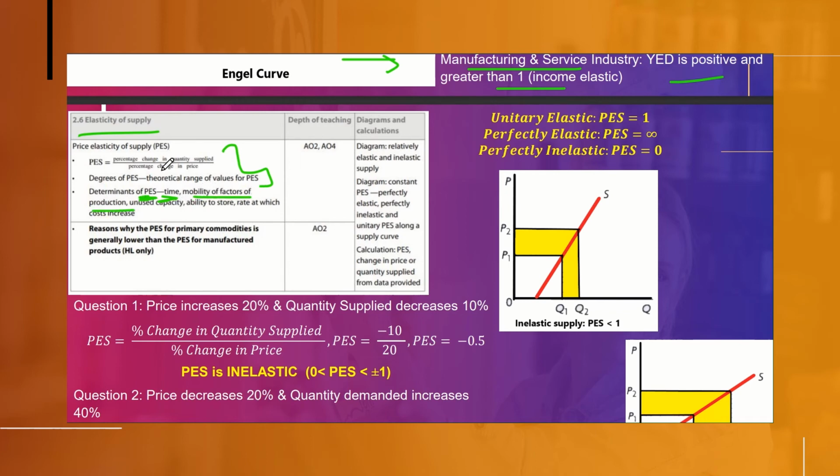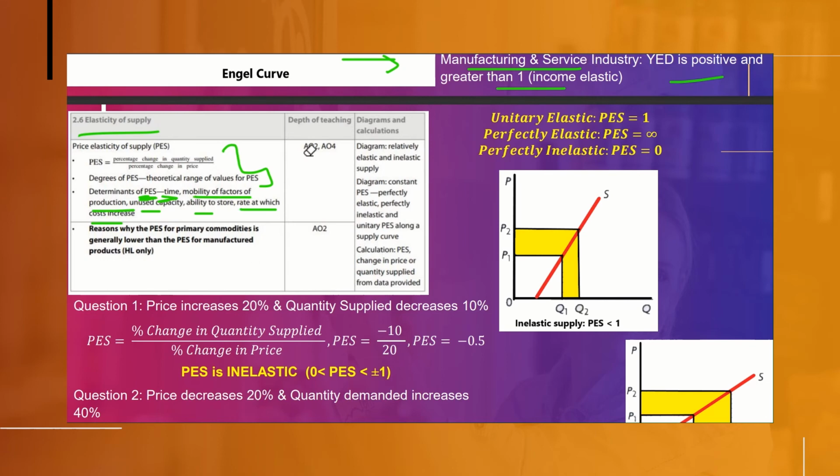For some products there is a possibility to move factors of production from one place to another, like labor mobility, for example. And unused capacity, the ability to store, and the rate at which cost increases. So the cost of production increases or decreases, those things.